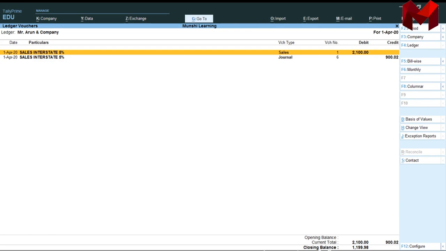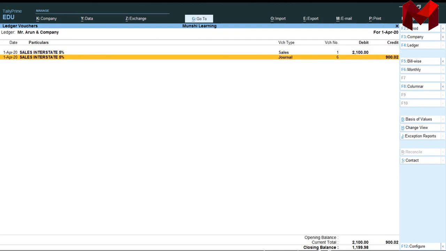That means our sale is reduced. We are going to take less amount from Mr. Arun. So for the lesser amount, what is the lesser amount? 900.02, which is also inclusive of GST, because Arun was liable to pay me the amount including GST. So if I'm reducing my sale amount, that means Arun is going to reduce my payment by the GST portion as well.